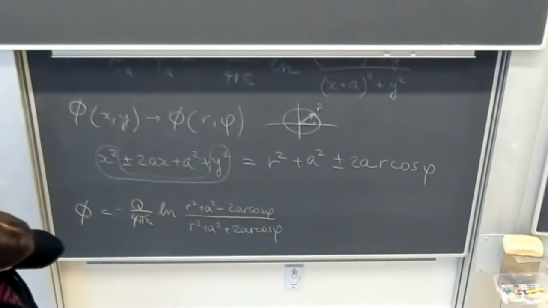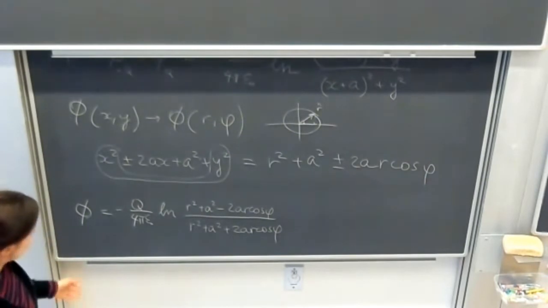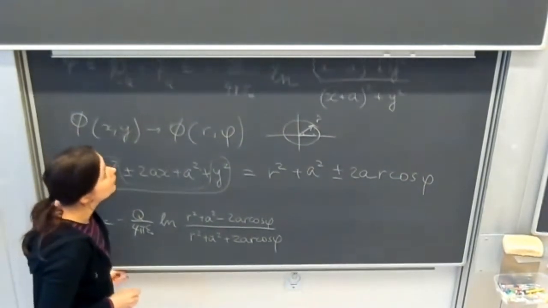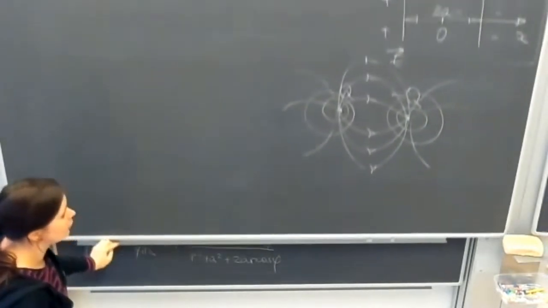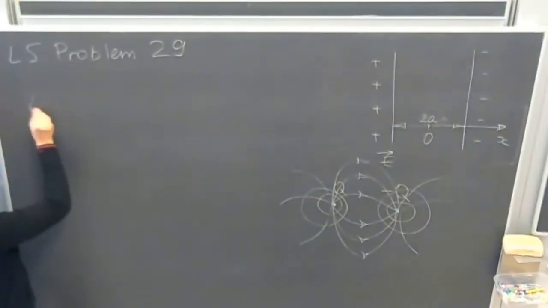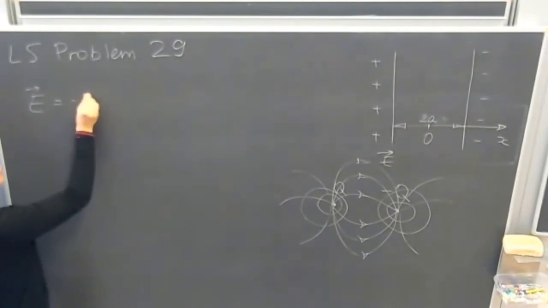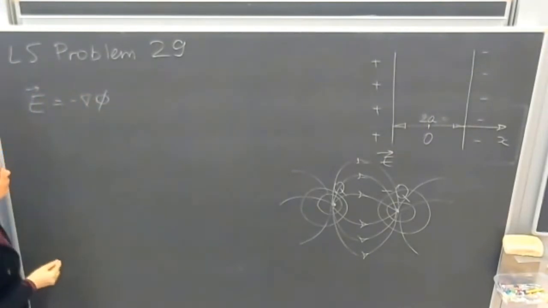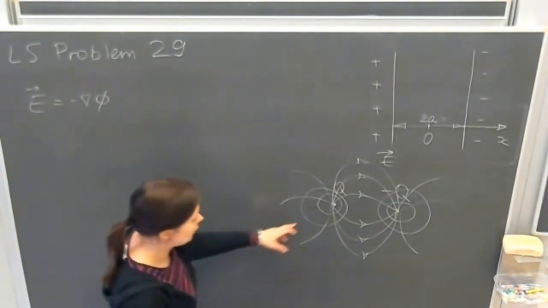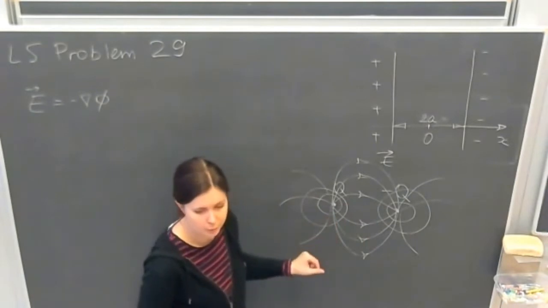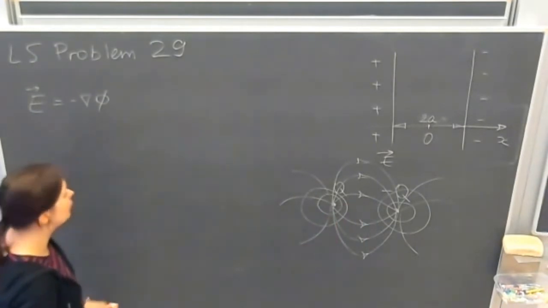So the next step, we can write the electric field found from the potential, E equals minus grad phi. And now we need to introduce some electric field line, which would be parallel with the electric field.